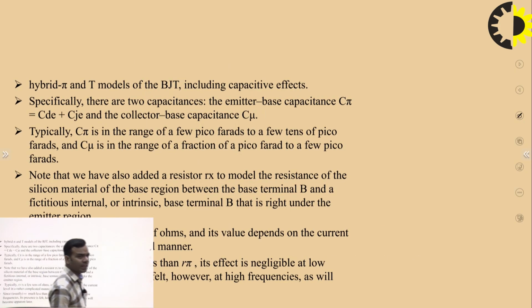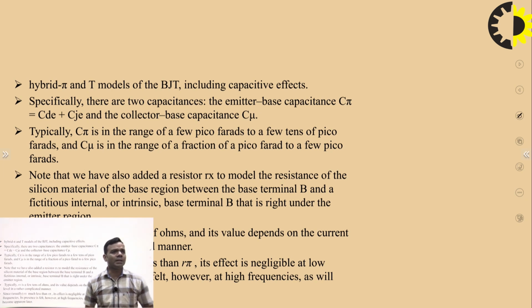If you look here, you will see there are two capacitances, C pi and C mu. C pi is the emitter base capacitance, which consists of CDE and CJE. C mu is the base collector capacitance.